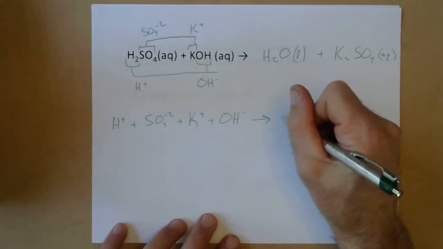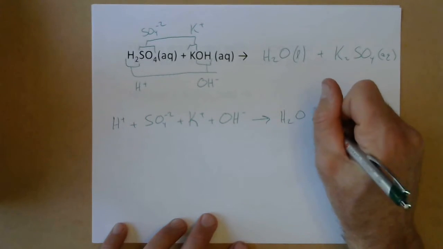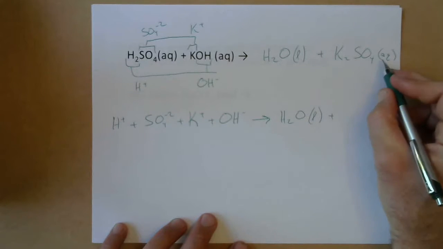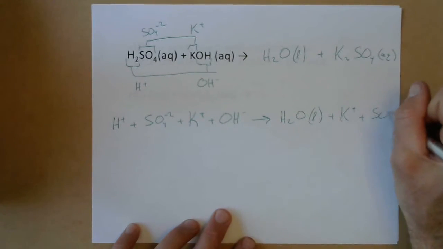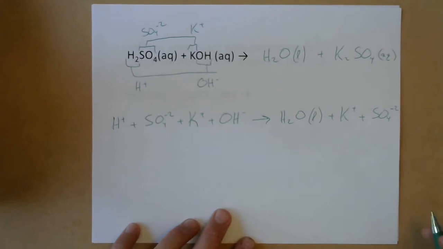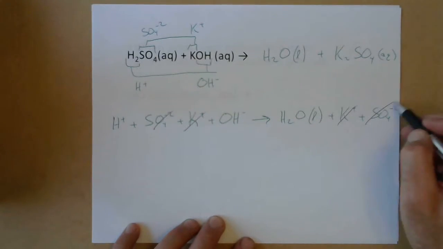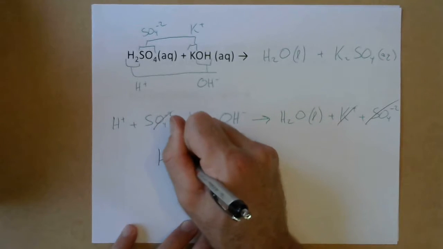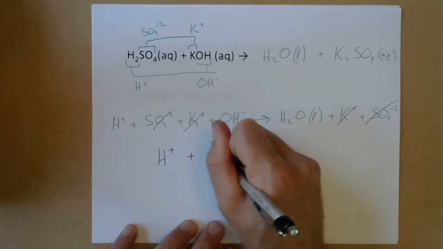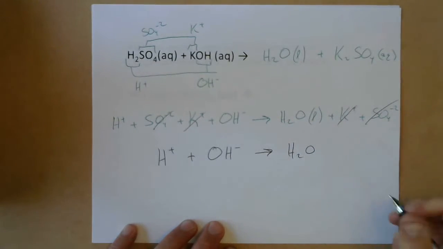We have water, which stays together as a liquid, and then potassium sulfate, potassium ions and sulfate ions. All right, canceling out anything that's on both sides. We have potassium on both sides, sulfate on each side. So those are spectators. So we have actually the same thing taking place. Hydrogen reacting with hydroxide to make water.